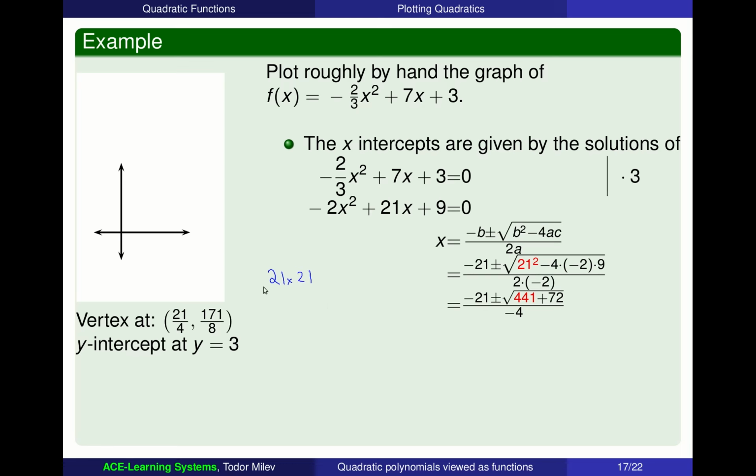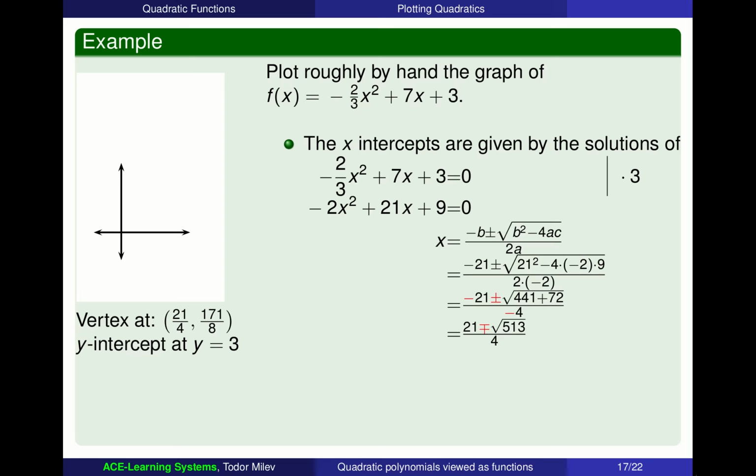So 21 times 21, that's 1 times 21, and then 2 times 21, which is 42, and then you add the two things together and you get 441. So 21 squared is 441. And minus with minus gives you a plus. And 4 times 2 times 9, that's 8 times 9, which is 72. So we get our 72 there.